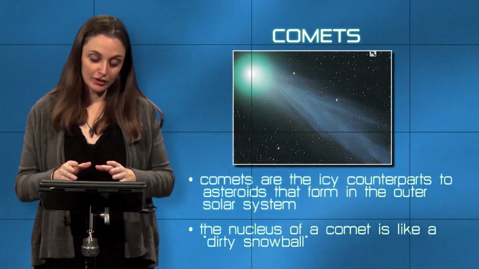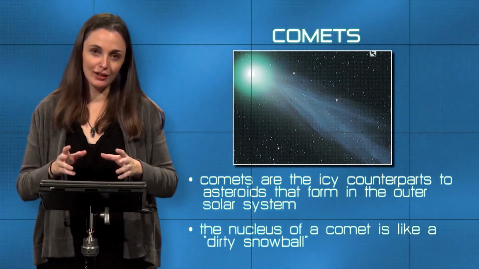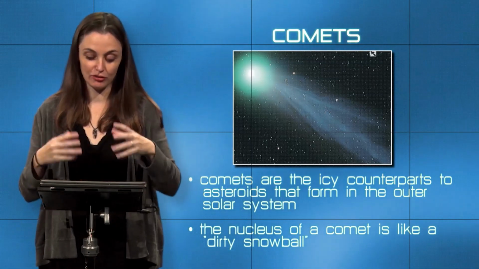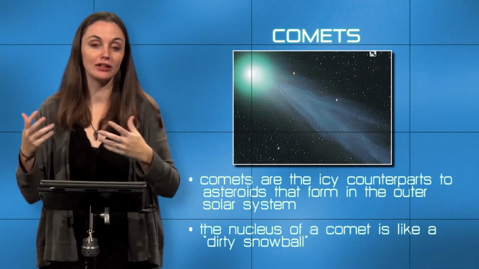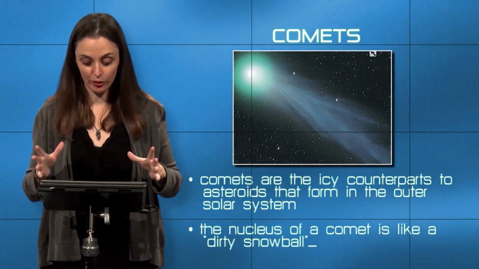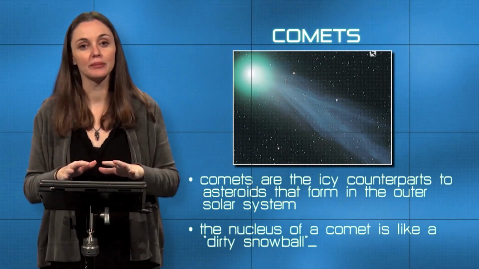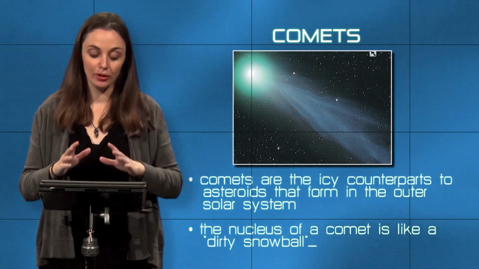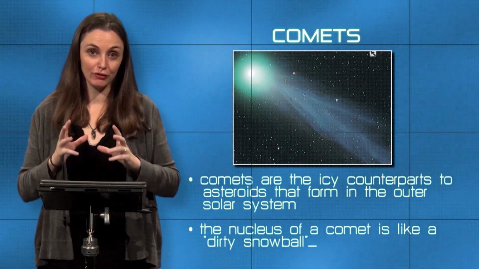Now, these comets are most notable not as icy snowballs in the outer solar system, these kind of just icy mud balls or icy objects, but as really bright objects in the night sky. So I wanted to take a minute and touch on that. In the ancient civilizations on Earth, comets were always massively feared.